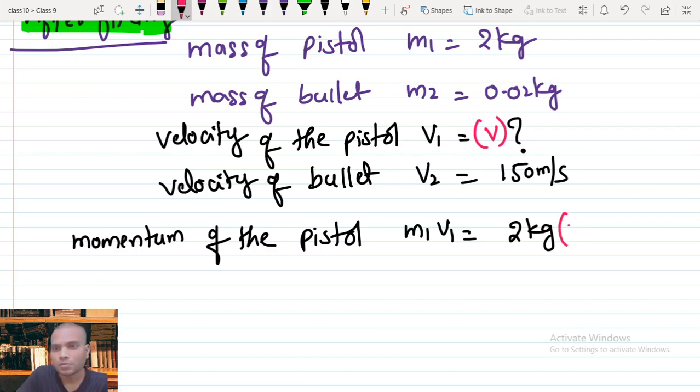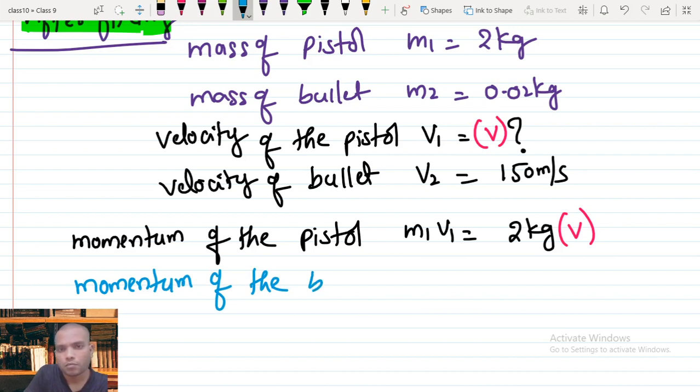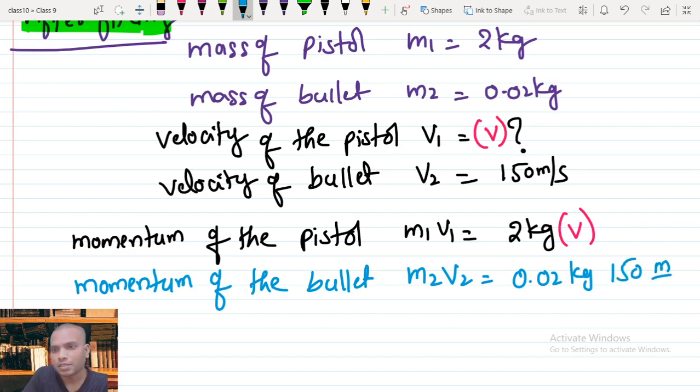So 2 kg times v is the momentum of the pistol, and momentum of the bullet, m2 v2, you can multiply 0.02 kg times 150 meters per second.